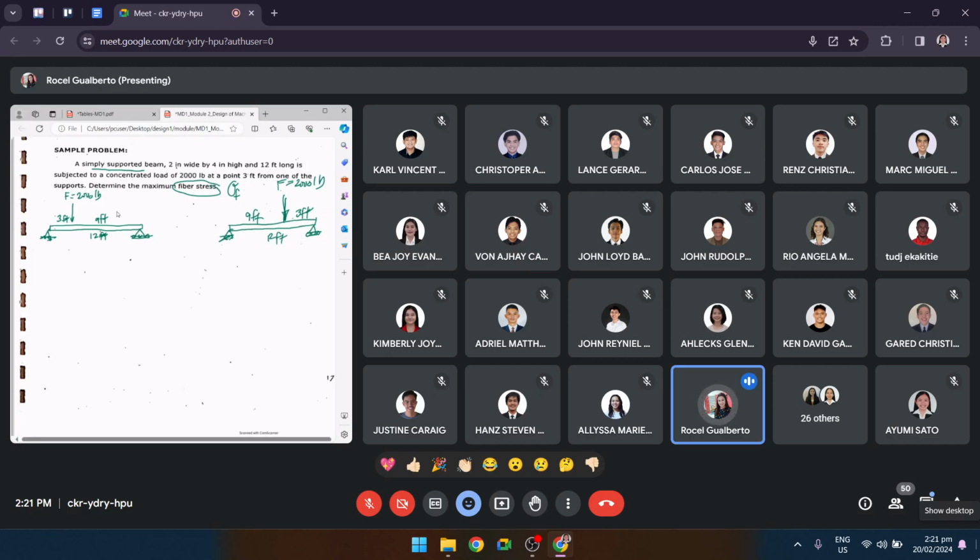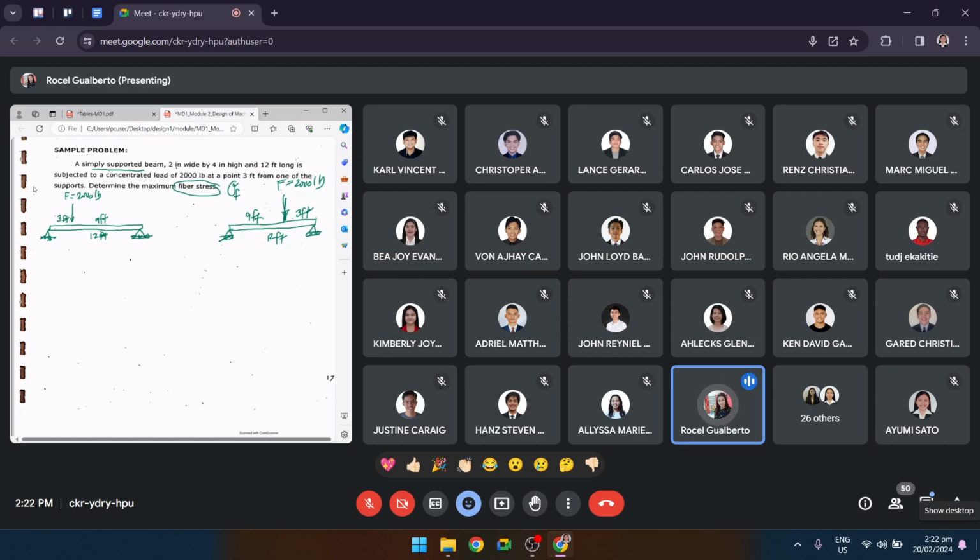You can have your drawing like this one, o kaya po ay ito. Because it is not clearly stated that the concentrated load is applied 3 feet from one of the supports, it does not mention whether it's the left or the right. That is why both are accepted. Now, this is the beam loading.